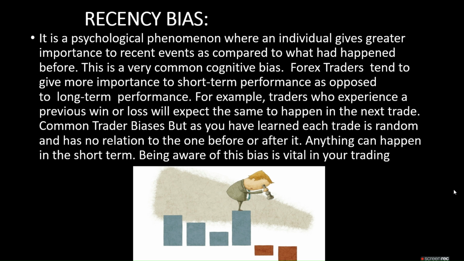Like I've already explained, there's a random distribution between wins and losses. The fact that you've taken a winning trade on the previous trade doesn't mean that the next trade is going to be a winning trade. The fact that you've taken a loss on the previous trade doesn't mean that the next trade is going to be a winning trade. There's no correlation whatsoever.